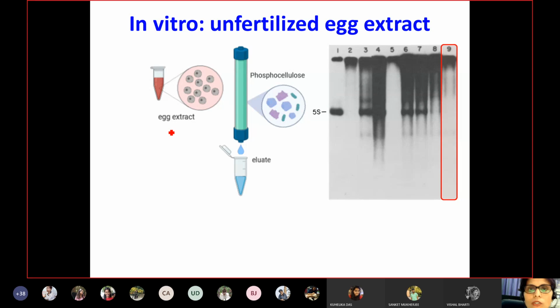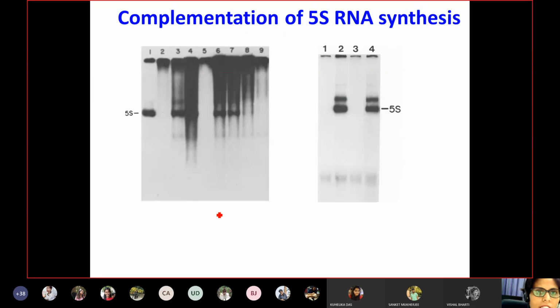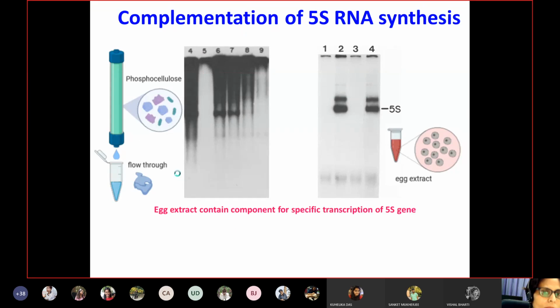This is clear? So now what they did, the eluate, all the fractions which are coming from the phosphocellulose, they fractionated in small amounts from 1 to 16, starting from input, flow through, up to 16. They precipitated it with the ammonium sulfate, and then they saw which of these fractions give rise to a complementation assay.